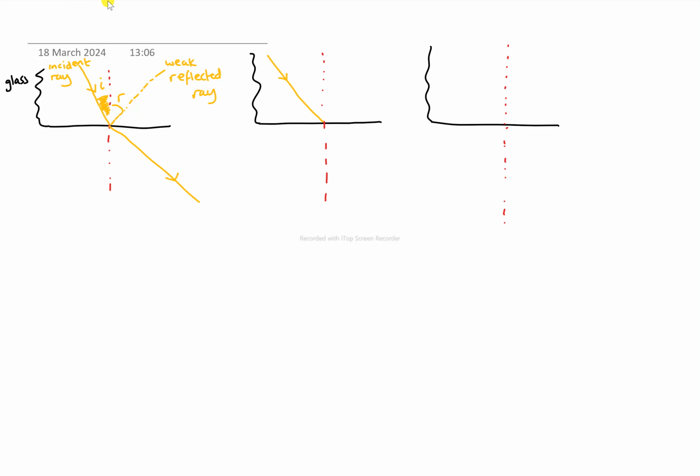Now, so that's coming in, and that's the critical angle now, because i is big enough for total internal reflection to occur. So these two are the same. Where incident ray equals reflected ray, it's called the critical angle when you get total internal reflection.